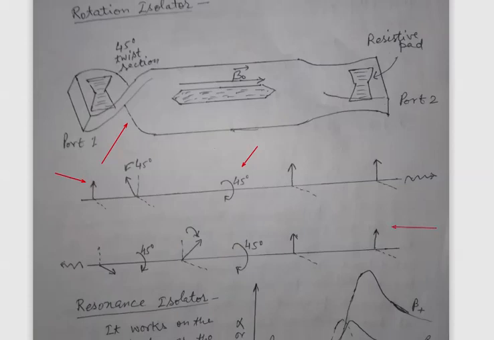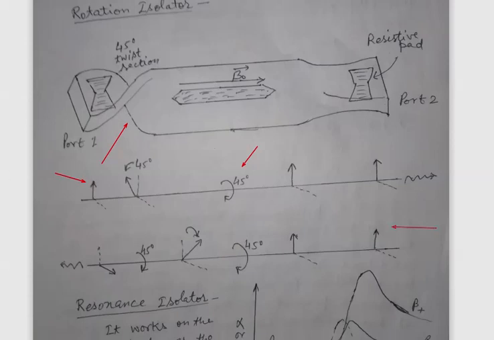And when this wave passes through the twist section, the next 45-degree rotation will also be in the clockwise direction. So the total change in the plane of polarization with respect to the input at port number 2 will be 90 degrees at port number 1.